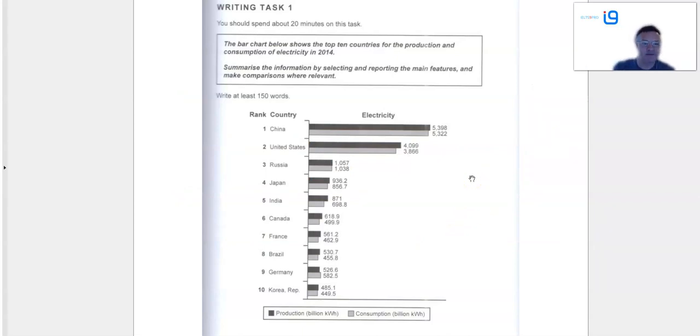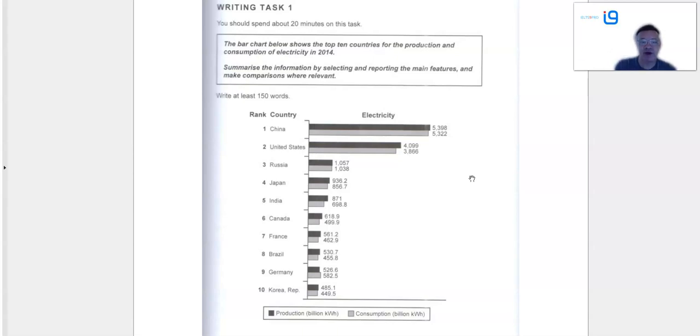So, this is it. Let's take a look at this first. Top 10 countries for production and consumption of electricity in 2014. We've got billions of kilowatts, the ranking, etc. Now, when you're writing this, the introduction is usually a sentence or two.